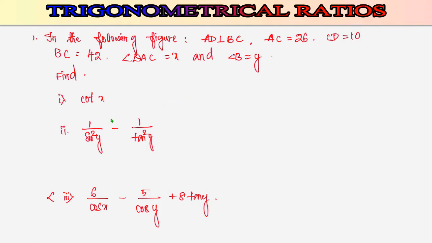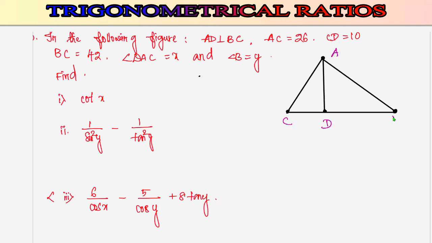Now first I am going to draw the given triangle. I am going to mention the vertices. This is A and this is C, D and this is B. This is the given conditions, and this angle B we have taken as Y and the given angle A is X. So both the angles are given conditions. Now we need to find these three sub-questions. I am going to write the given conditions.